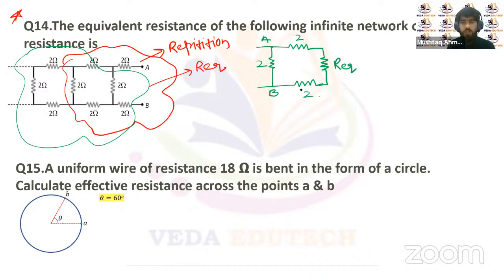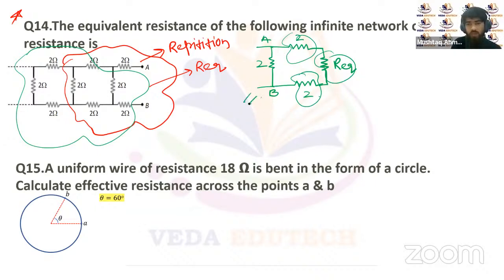Now the total resistance of this part will be 2 plus 2 plus R equivalent, because these resistors are in series. It will be equal to 4 plus R equivalent.